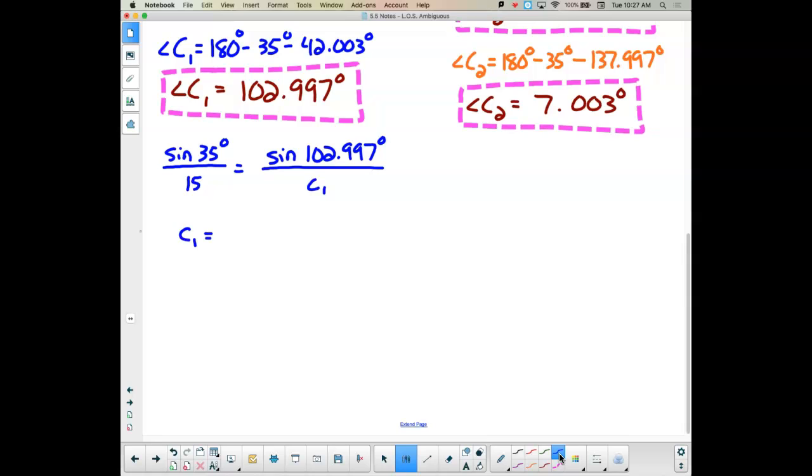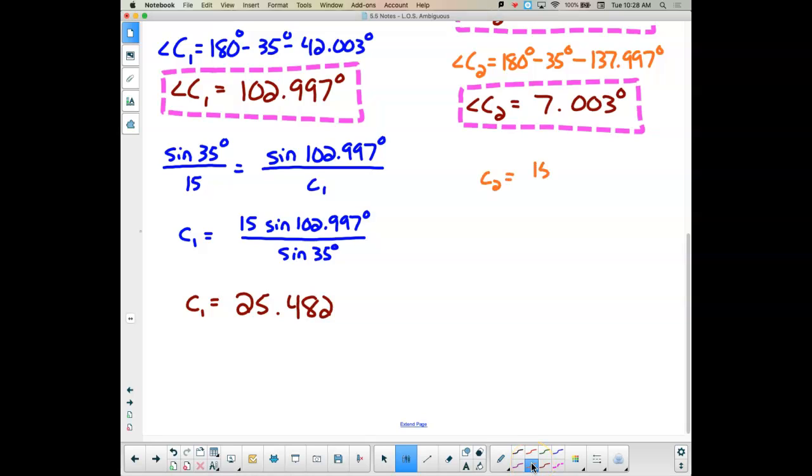So that's going to be 25.482. C2, 3.189.